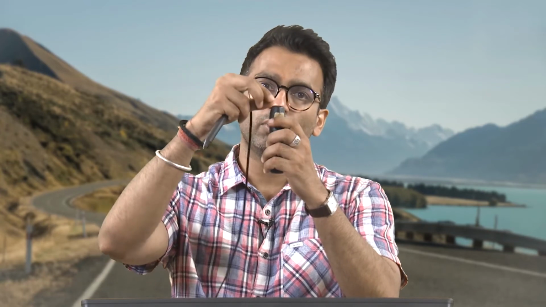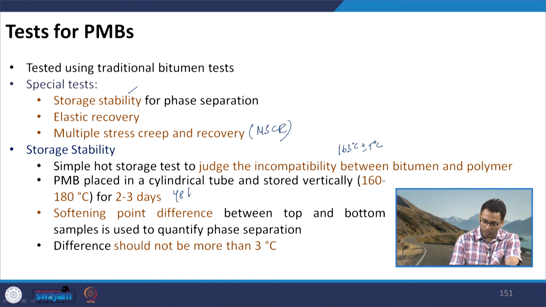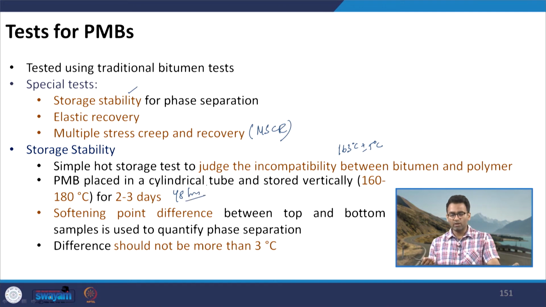We will put the polymer modified bitumen sample into the aluminum tube, and we will seal the aluminum tube, and we will keep this aluminum tube in vertical position for around 2 to 3 days at a temperature of around 160 to 180 degrees Celsius. Typically the temperature taken is 163 degrees Celsius plus minus 5 degrees Celsius, and the time is around 48 hours typically. So, we will keep it at this temperature for this particular time in the vertical position.